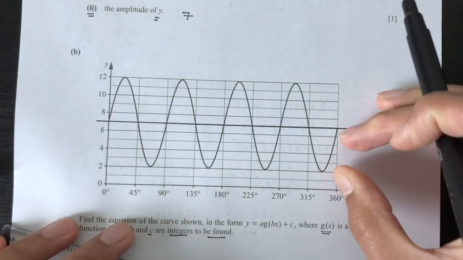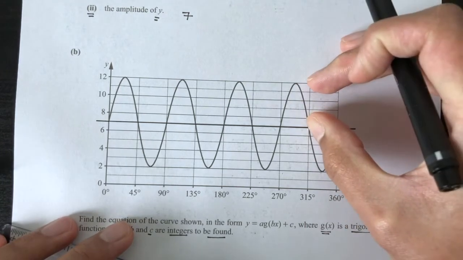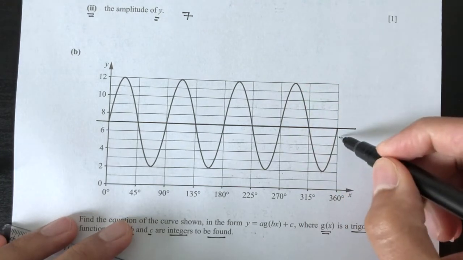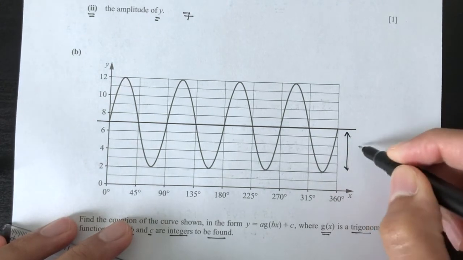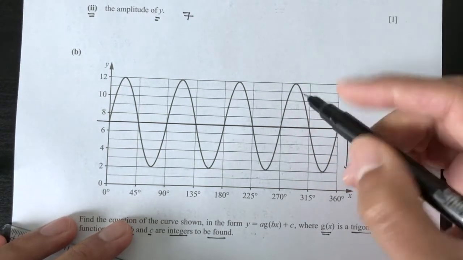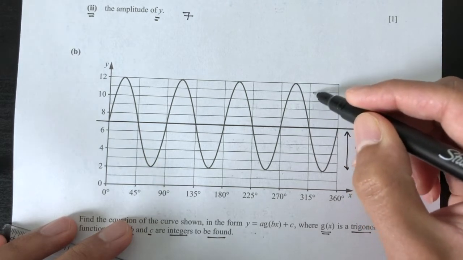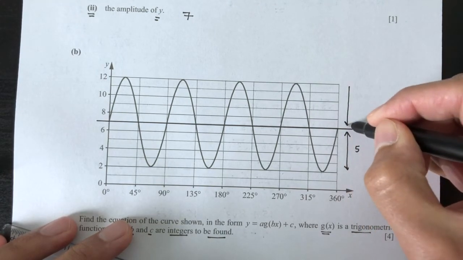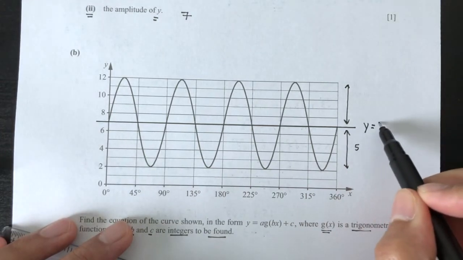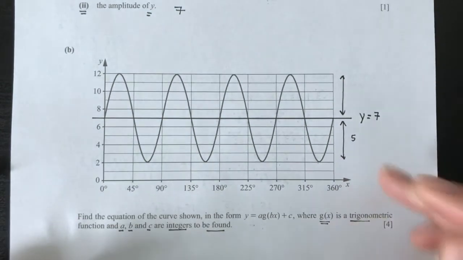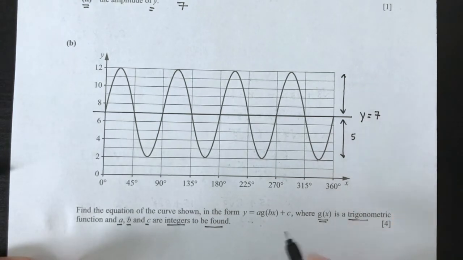If you observe, this will be the same and the same, which means this is 1, 2, 3, 4, 5, and this also has to be 5: 1, 2, 3, 4, 5. As you can see, this is called your baseline. So this value is y equal to 7. So this value will be the value here. So right now you know your curve will look something like this.